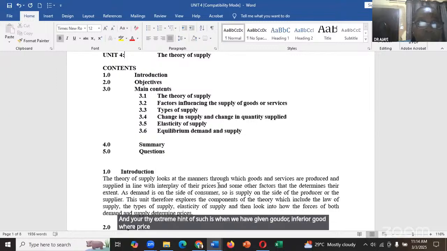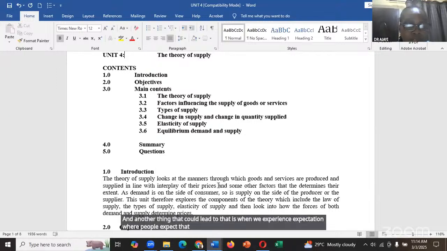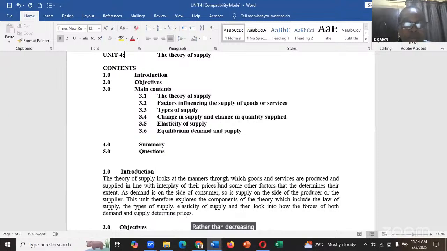quantity demanded also decreases. So there are some things that could make people respond in that way. I've already given the example of luxurious goods. Another thing that could lead to that is expectation, where people expect that if there is a price increase now, it could increase more. Rather than decreasing demand, they demand more.